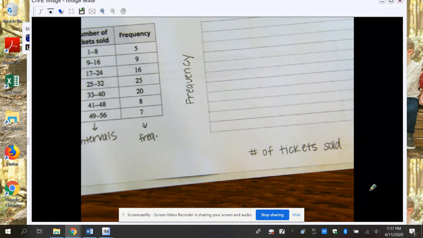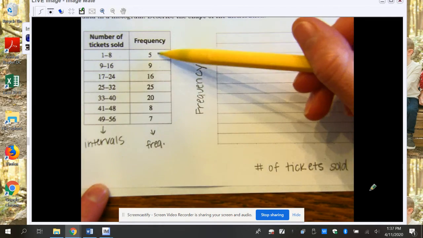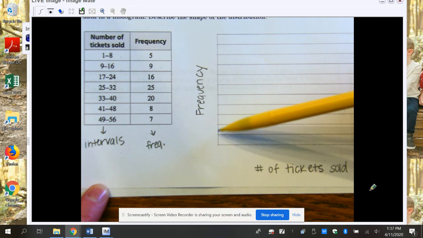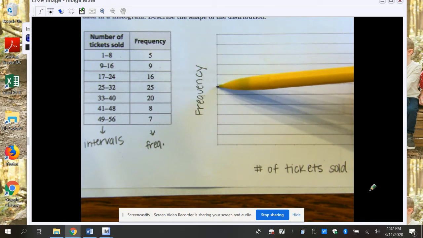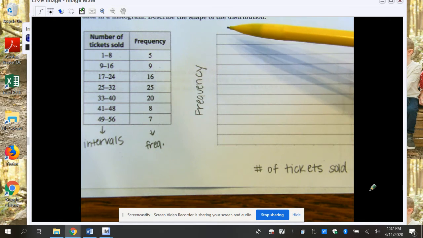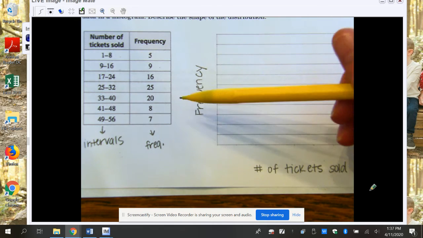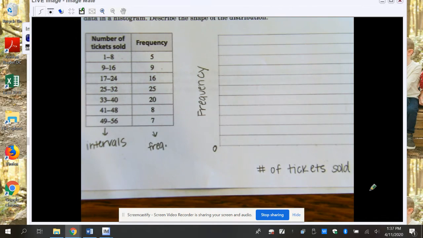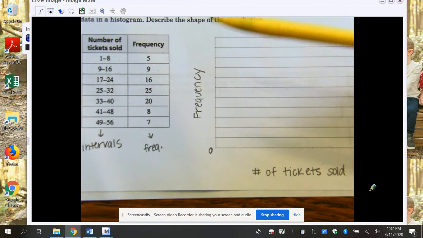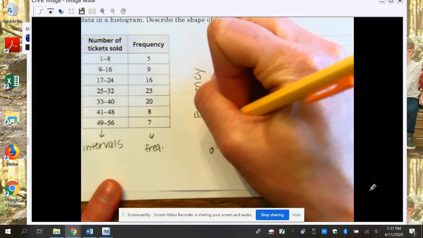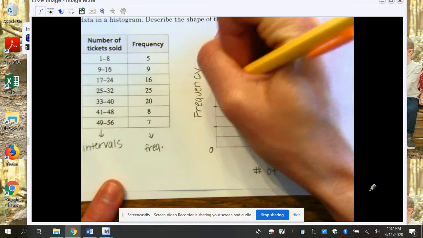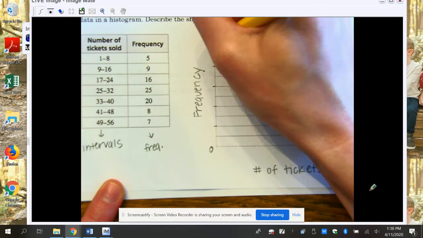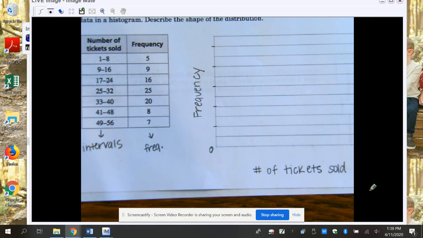And so you want to look at those frequencies to determine what your intervals should be on your histogram. You'll always want to start at 0. What I notice here is that my highest value is 25. So if I make this 5, 10, 15, 20, 25, I have enough to fit on that graph.